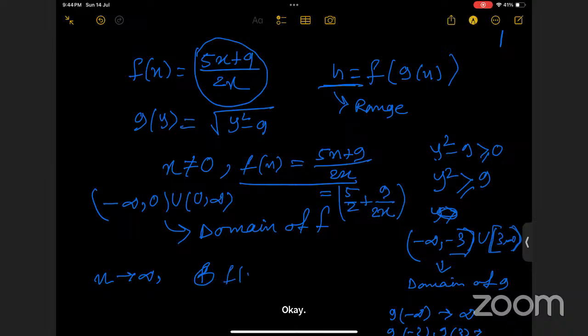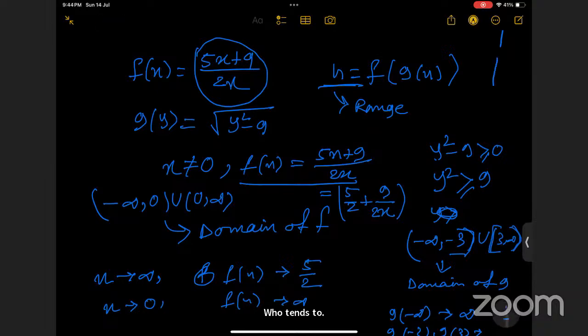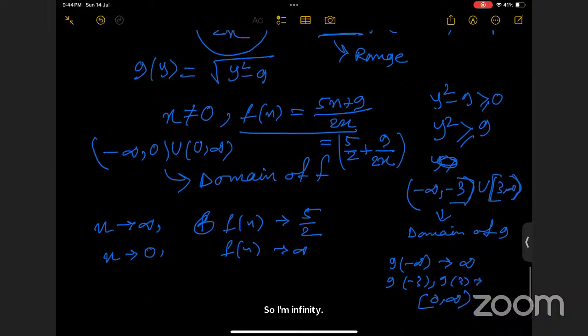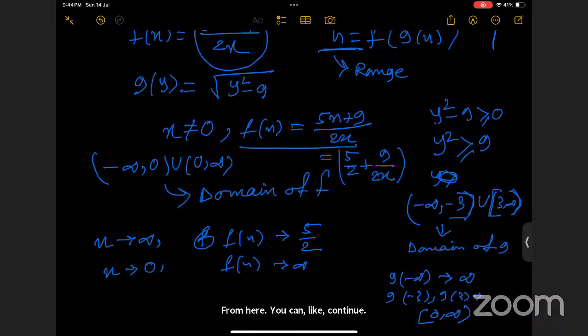I should have split it. When x tends to 0, this tends to infinity. Now it is zero. I could not split it. No, it's fine. So no need to calculate further, right?